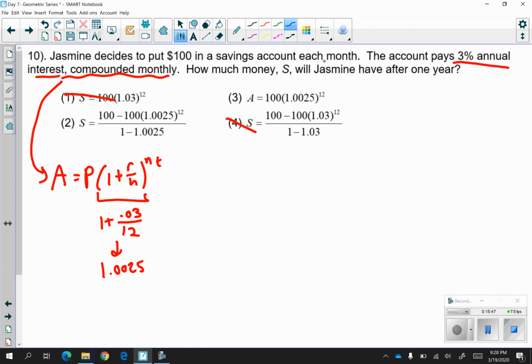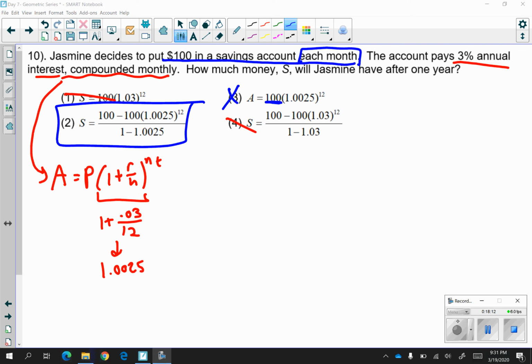It's saying that you invest $100 each month, not just once. Do you get what I mean? Choice 3 is your basic interest formula, and it's saying that you're starting with $100, not that you're depositing another 100 each and every month. So that can't be right at all. And then you're only left with choice 2.